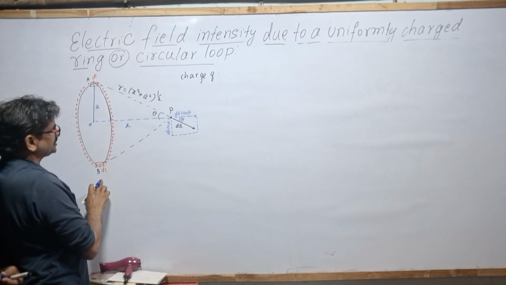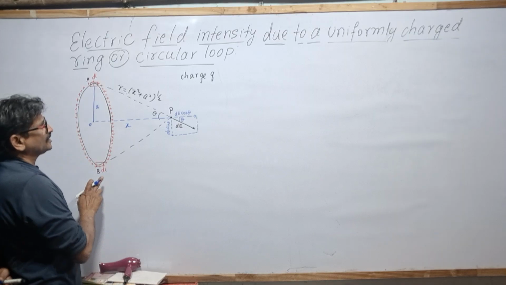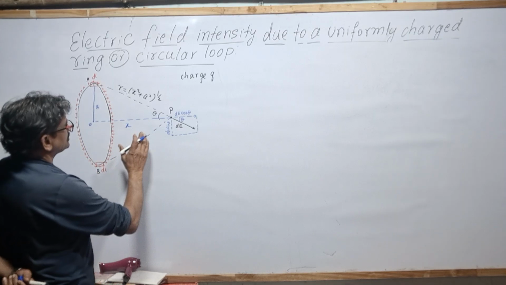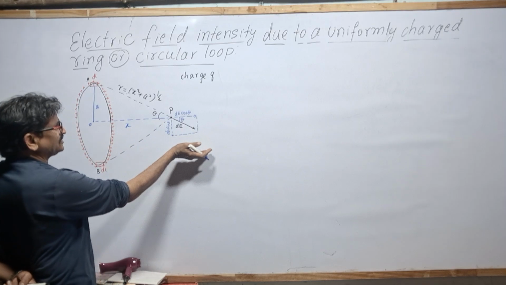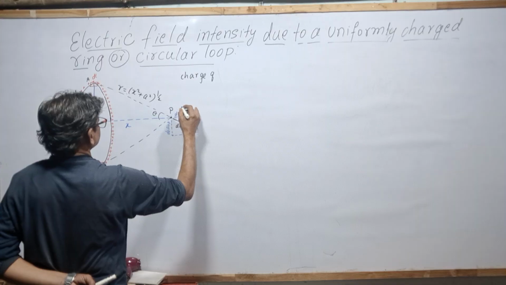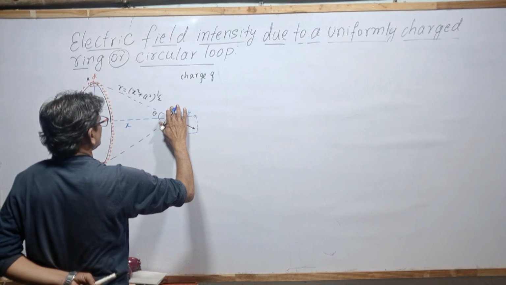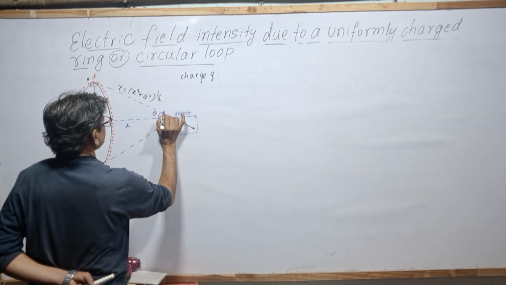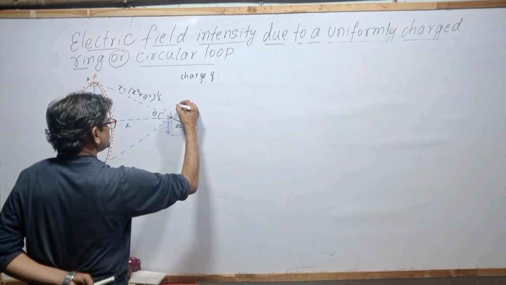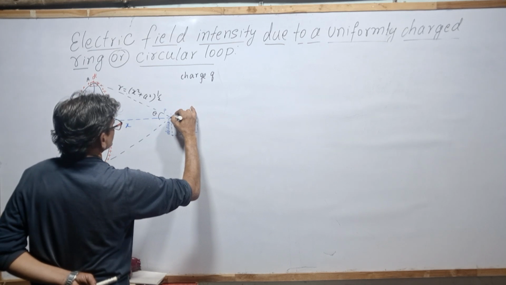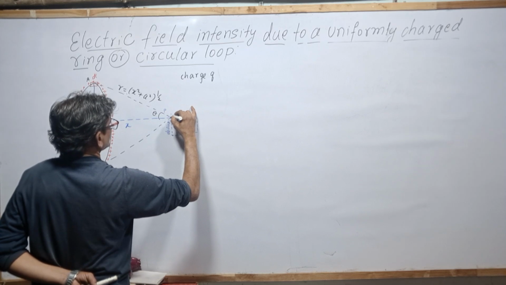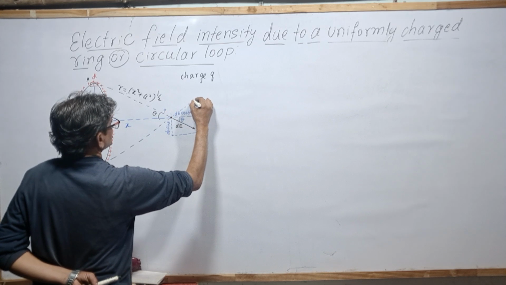If you take one more element opposite to this one, with the same length and charge, it also produces the same type of electric field at this point, but in the opposite direction. This point we take as P, and here it also makes an angle like this.